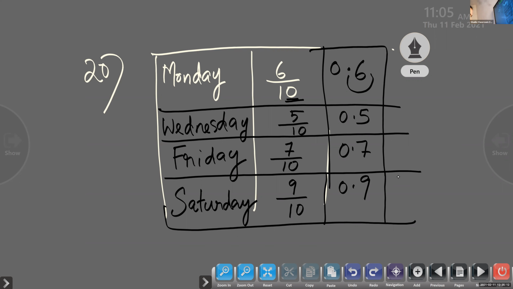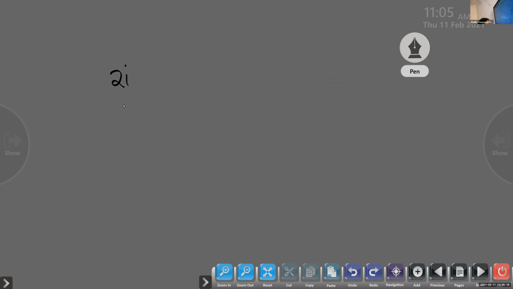8 by 10 parts. So children, I will write the parts. You have to write in the decimal form. Question number 21, question number A, fraction. One full part, and the other one is 8 by 10.